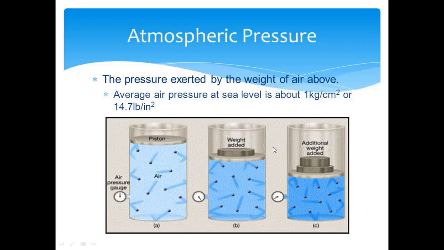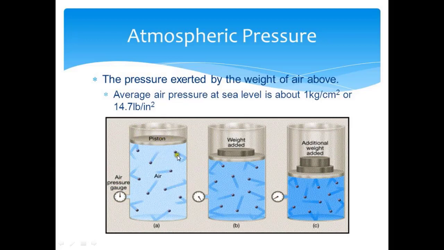Now the atmospheric pressure is exerted by the weight of the air above, and the average air pressure at sea level is about 1 kilogram per centimeter square. You can see from this diagram the air pressure gauge, and here is the can in which there is a piston.